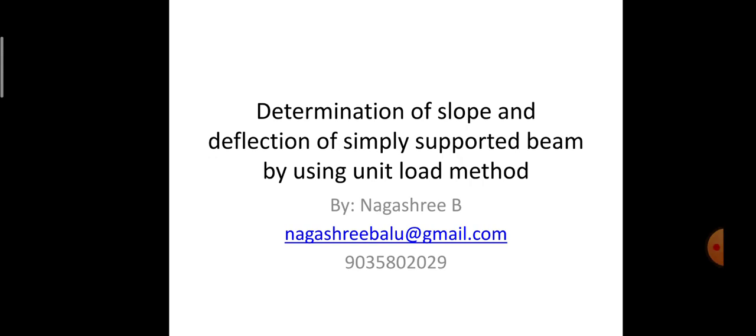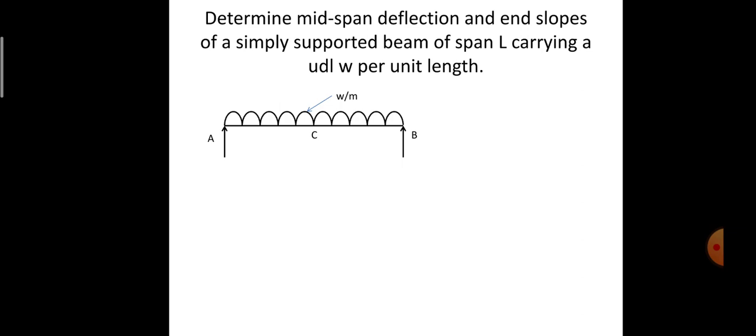So today I'll be discussing how to determine slope and deflection for a simply supported beam using the unit load method. Here I have a numerical wherein I need to determine the deflection at the midspan and the slopes at the support sides.